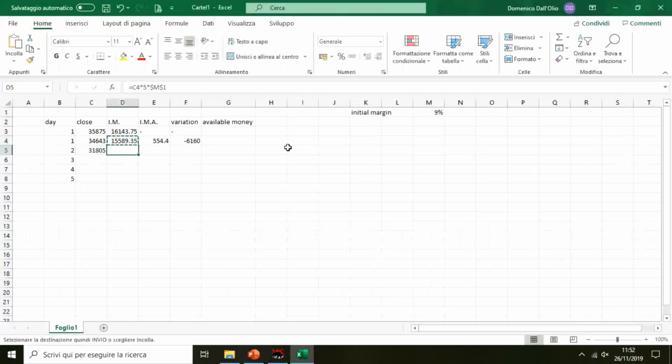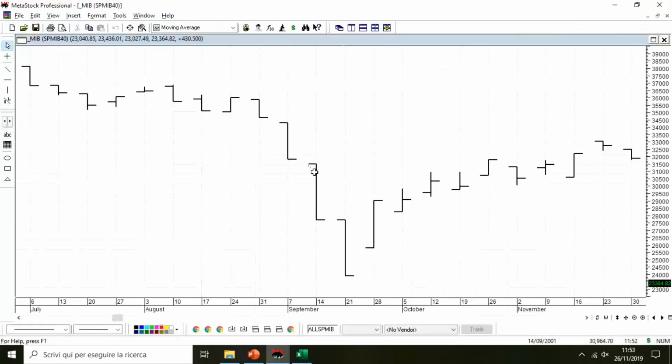A new initial margin, 14,312. And an initial margin adjustment, 1,275, that would have come back to my regular account, but in the same moment I would have paid 14,190 as variation margin.